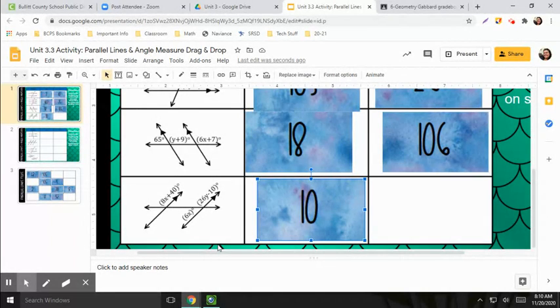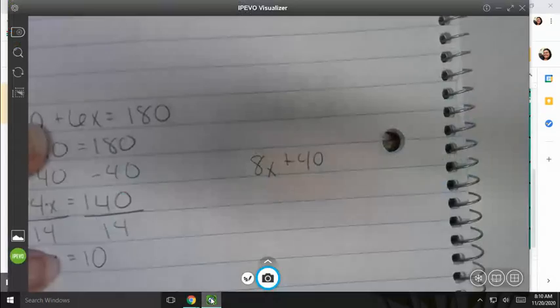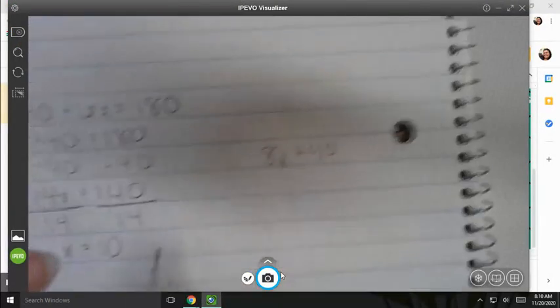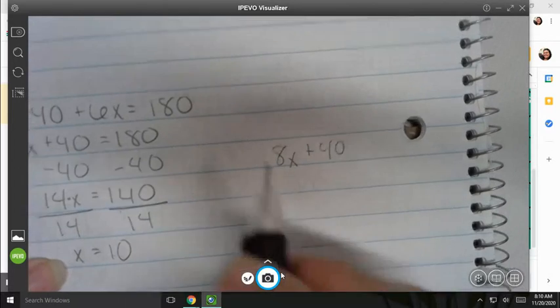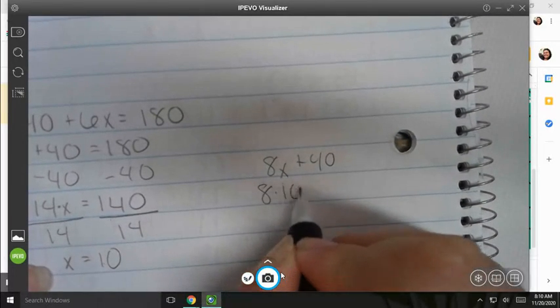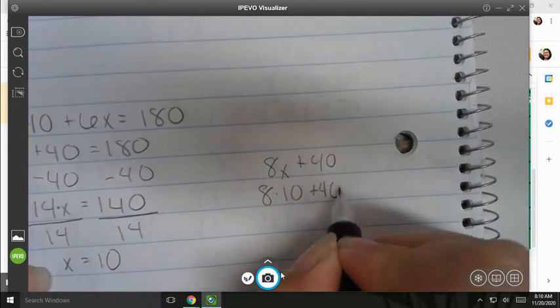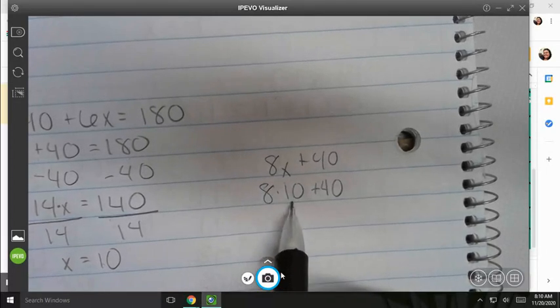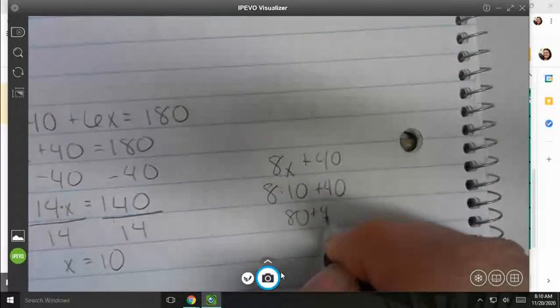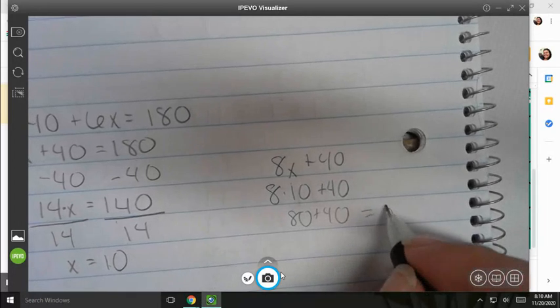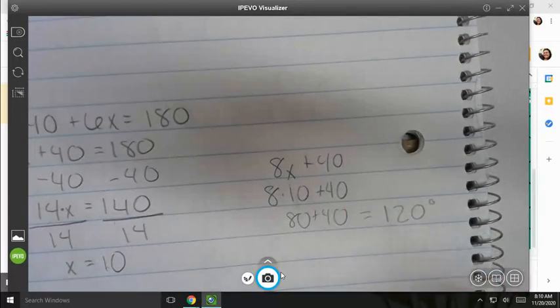So what we're going to do is solve for the actual measure of this expression. We have 8x plus 40, and we know that x is 10, so we're going to sub 10 in here. So 8 times 10 plus 40, and 8 times 10 is 80, plus 40 equals 120 degrees.